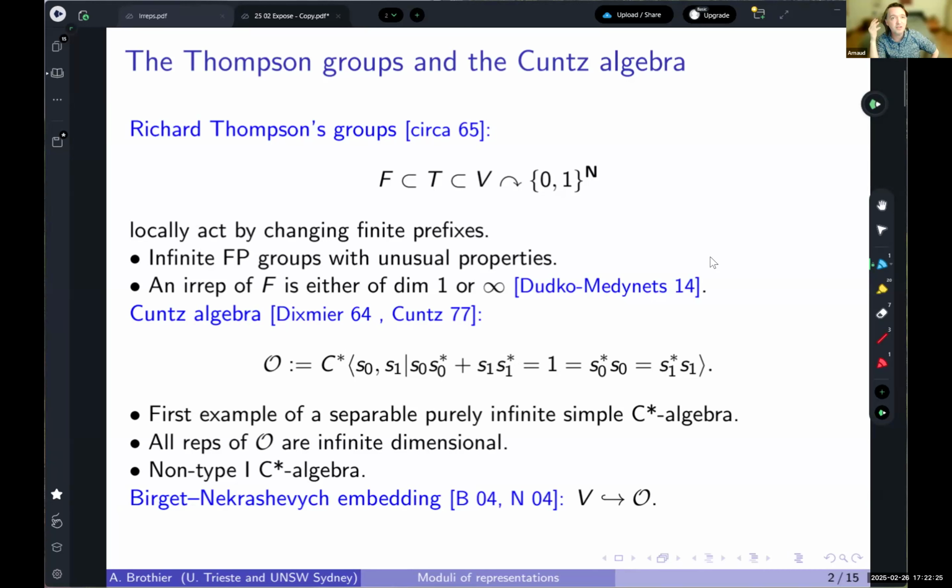And people thought, well, maybe it will give a new example for the von Neumann-Day problem, the problem that asked how close it is to being non-amenable and to contain a copy of the free group. But then people tried to prove or disprove that F was amenable. And this is still open today, and that's probably the most famous conjecture concerning Richard Thompson's group. It's hard to say how interesting it would be to answer this question, but what is very interesting is all the technology that has been built on trying to solve it.